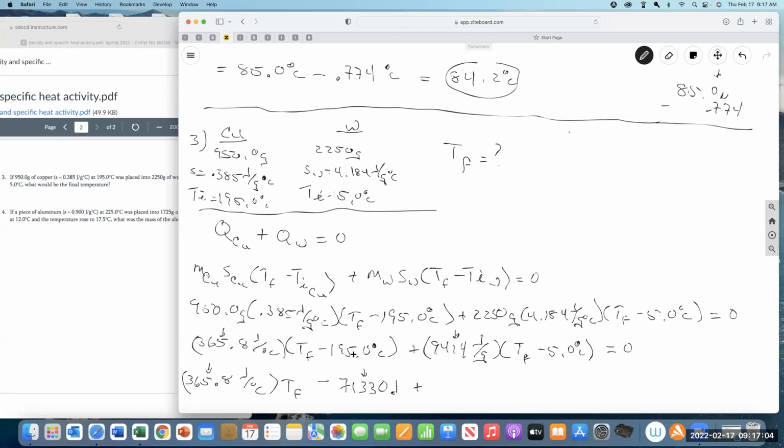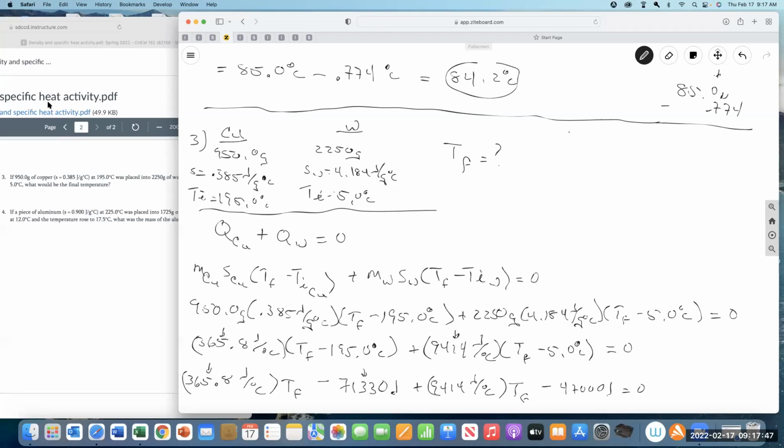So I multiplied the 365 times the 195, then 94 joules per degree C times TF. I don't know what I'm doing. Here, this is how you confuse your students. And when I multiply that times 5, I'm going to drop to 2 sig figs. So 47 equals 0.